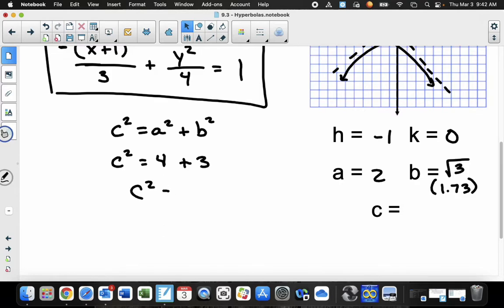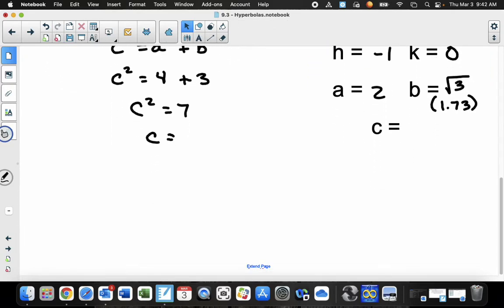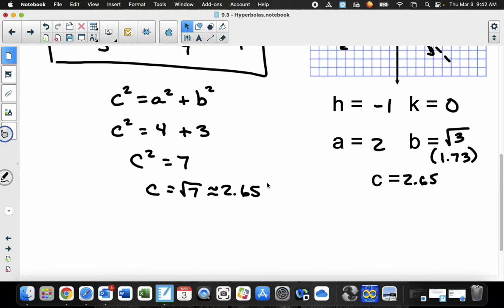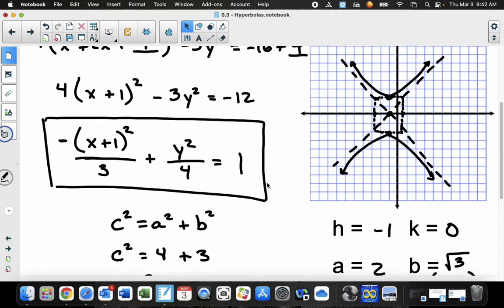So c squared equals 7, which means c is the square root of 7, which is about what? Somebody help me out on that one. 2.65? Okay. So there is your distance from the center to the foci. You go about 2.65 in both directions from the center of the hyperbola.